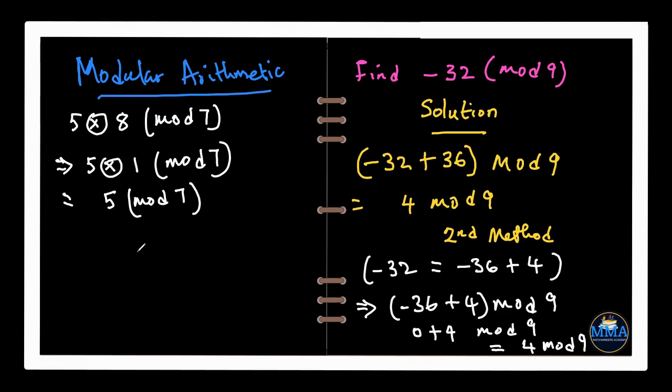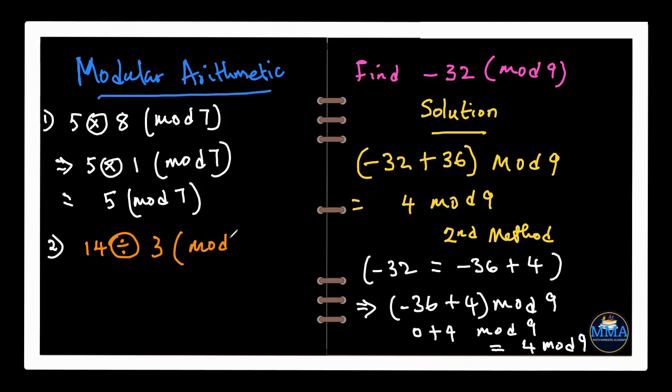So that is taken. Now let's look at another example, the second one here. If we are asked to find, this is division, 14 divided by 3 in modulo 9.